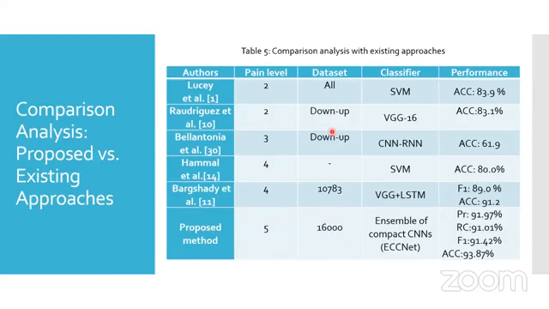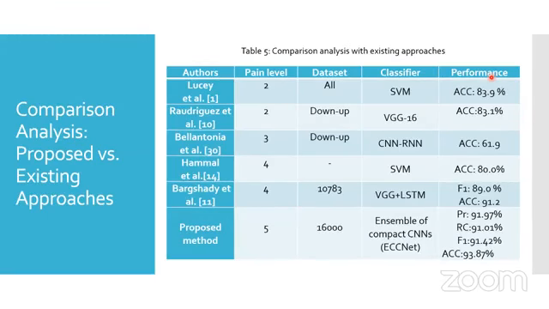The classifiers used here are SVM, then this is VGG16. Somebody has used CNN and RNN. This is again an SVM study. This is a VGG and LSTM network, and this is our compact network. Now, if you look at the performance parameters, our performance is coming very high compared to all the earlier studies from the literature.